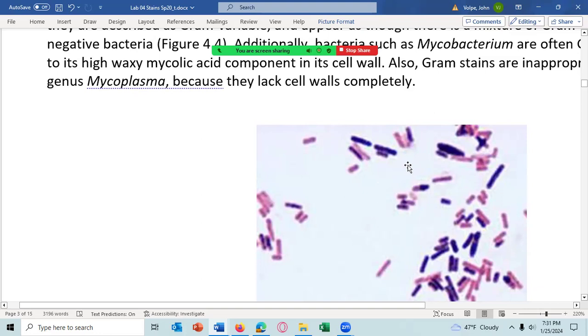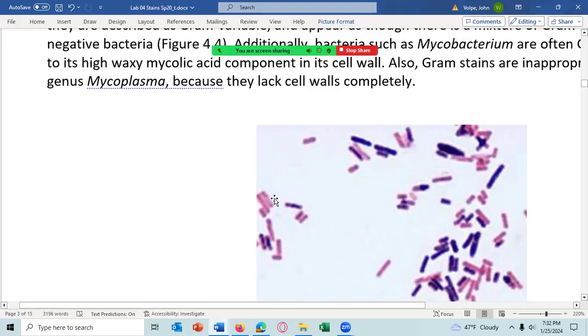What do you notice about those cells? Anybody notice anything about those cells? The borders look a little less defined. Yeah, the borders aren't sharply defined.